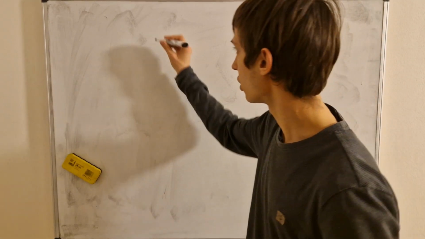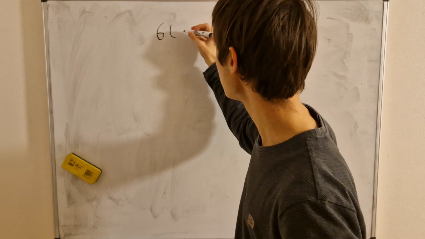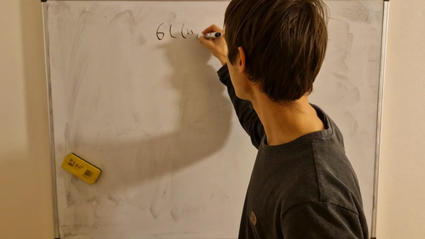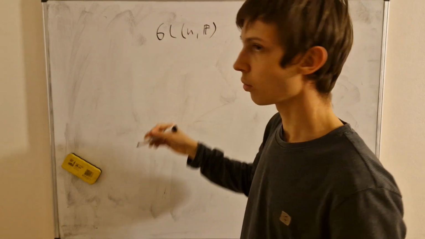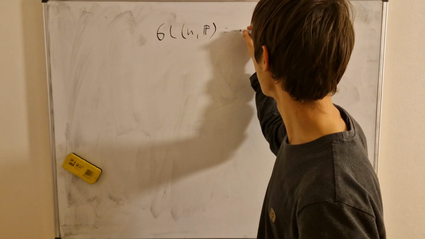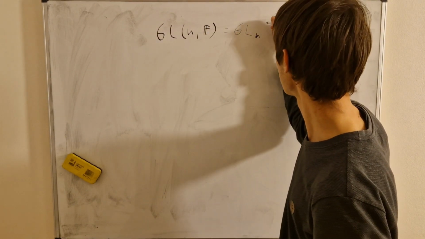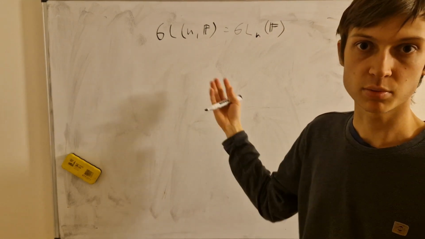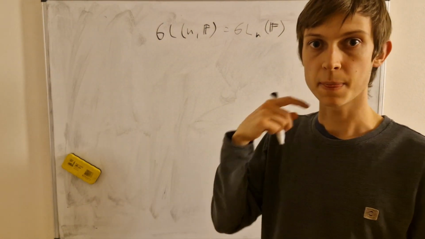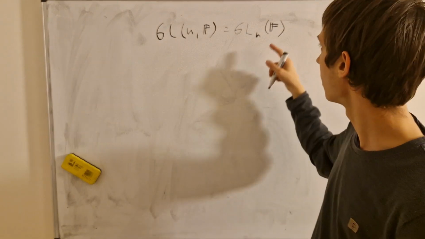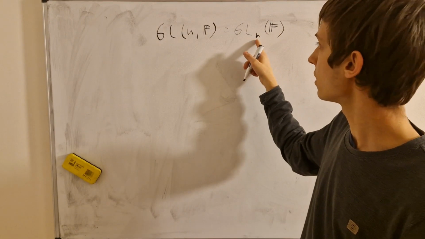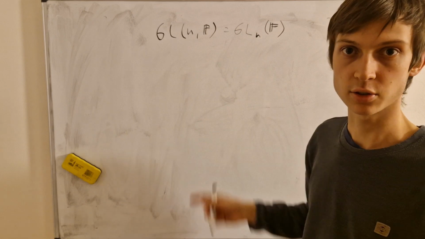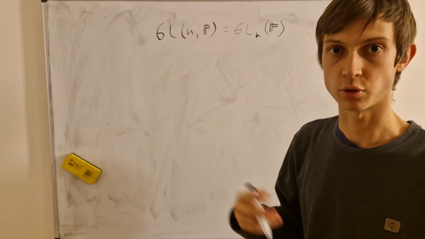So, in general, the notation is GL of n and some field F. Well, this notation can also be written like this, and then the field is here. But yeah, there's more ways to denote it, but mostly what it will contain is the field, or at least the size of matrices considered.